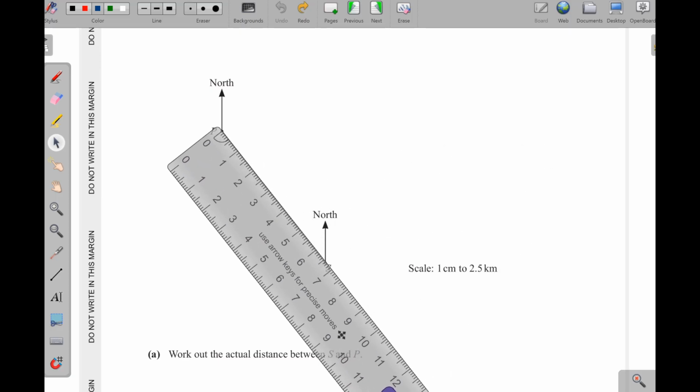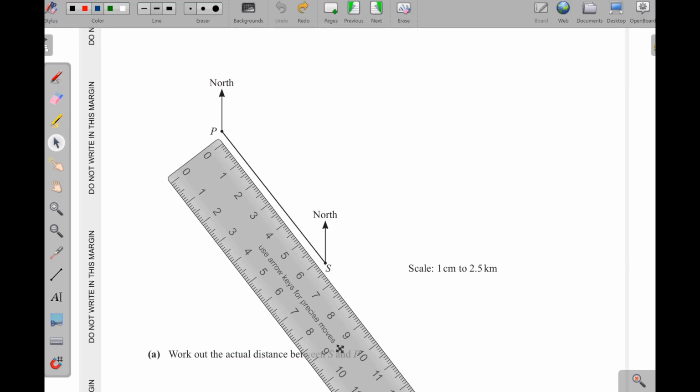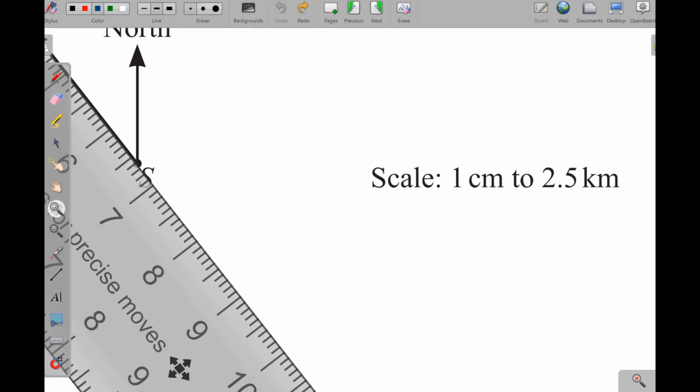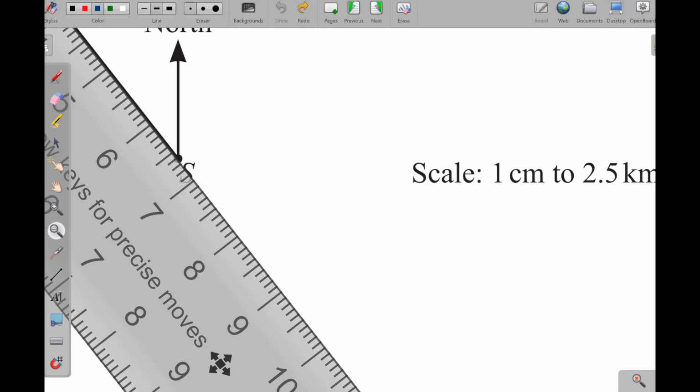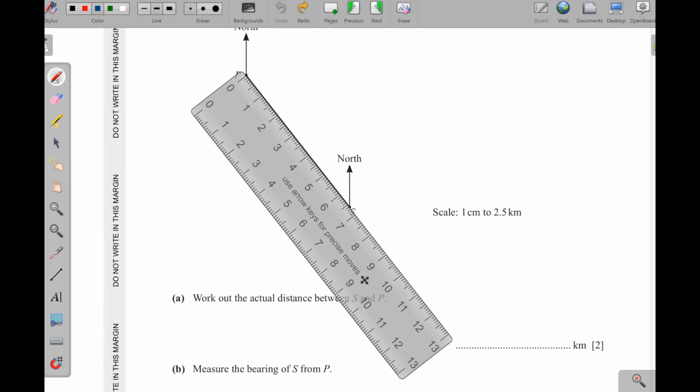Okay, so if we try to measure here, mine here is, so if I can zoom this one, you can see that it is 6.6, isn't it? 6.6. But in the scheme you might find something different. So in the scheme PS is 6.5, okay, but mine here is 6.6.